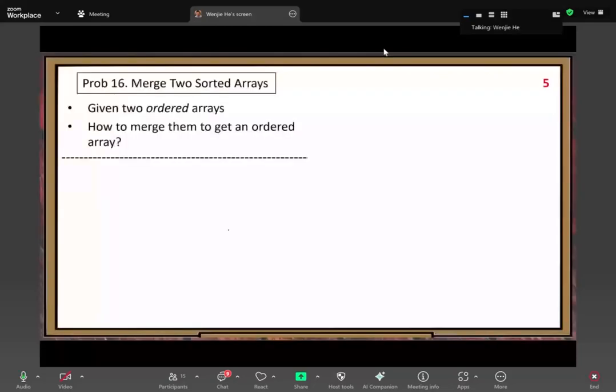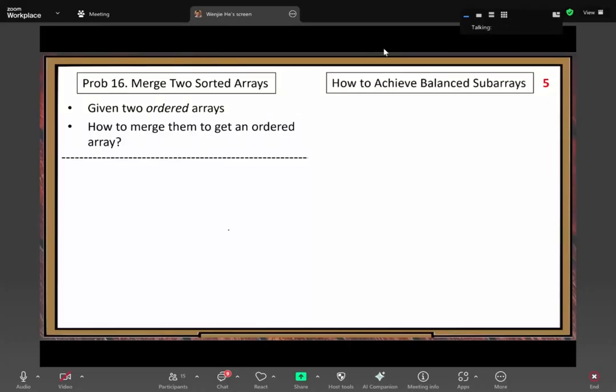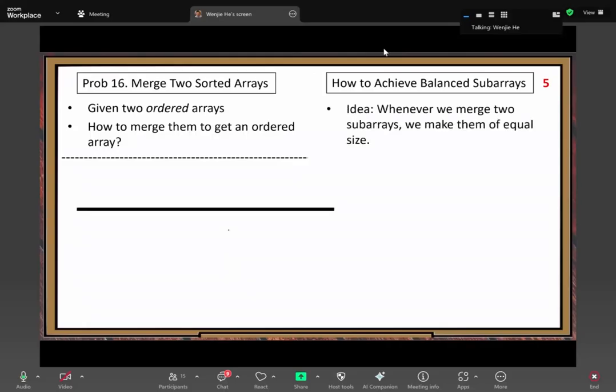C.2, merge operation. Now we want to work out the details. Achieving balanced subarrays is easy, so we can do that part quickly. I use this line segment to show the splitting and merging ideas.